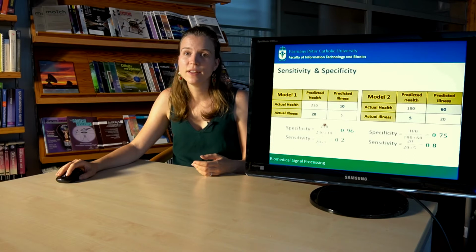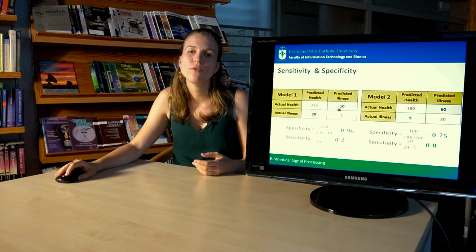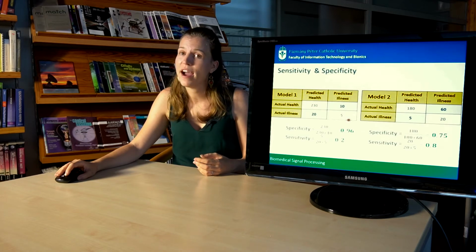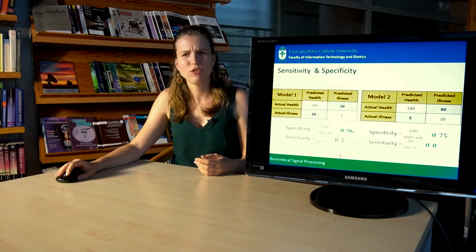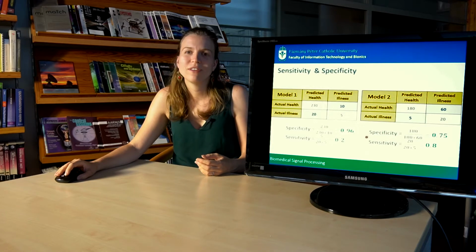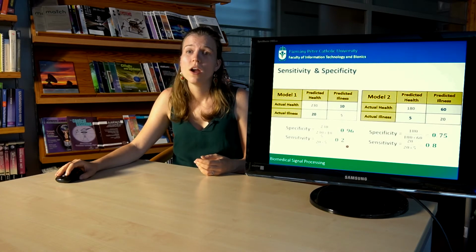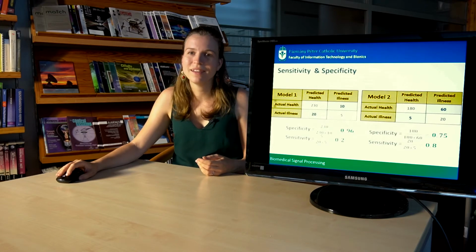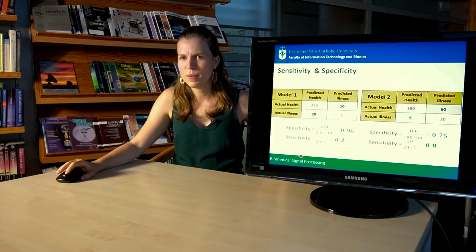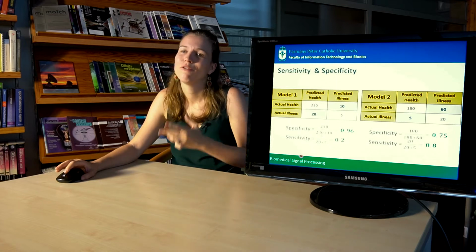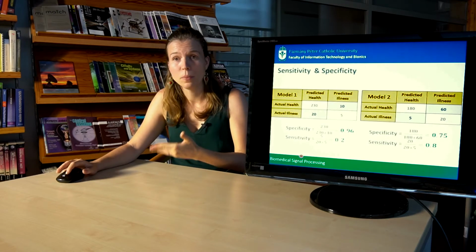For the sensitivity, from these 25 actually ill people, only 5 tested positive, which is a very low number. So you see that the specificity was good, but the sensitivity is really poor. So this test is rather saying that everybody is healthy than actually filtering out the ill people.